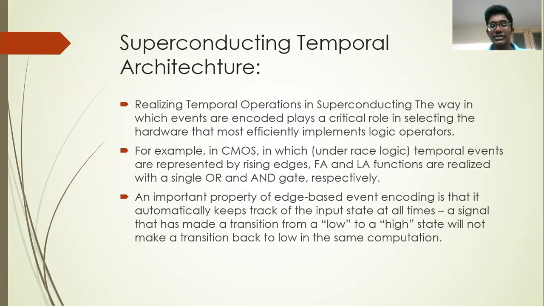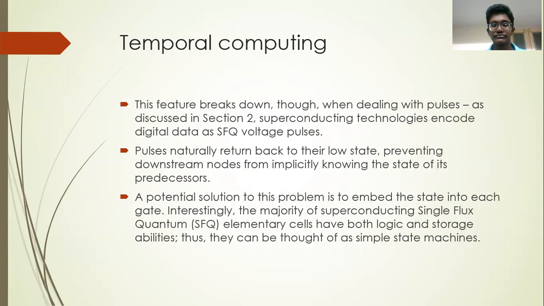An important property of edge-based event encoding is that it automatically keeps track of the input state at all times. A signal that has made a transition from a low to a high state will not make a transition back to low in the same computation. Temporal computing.